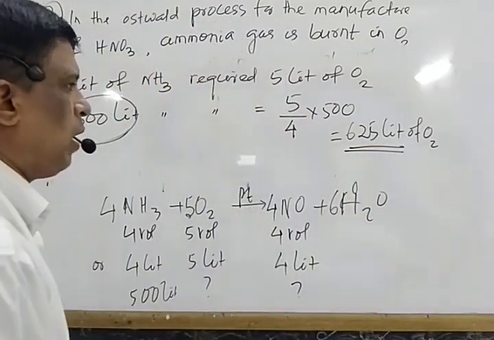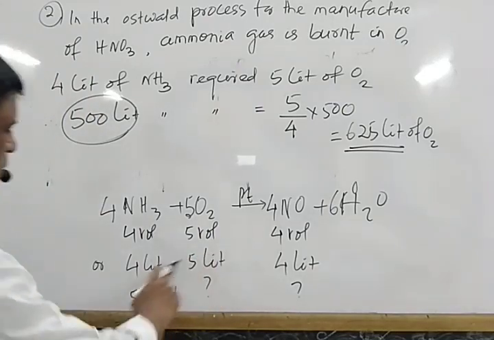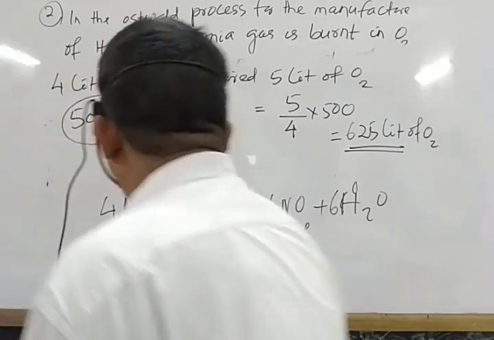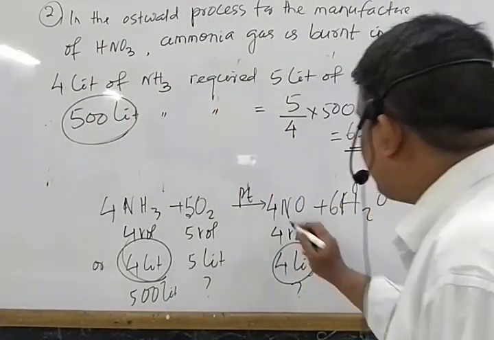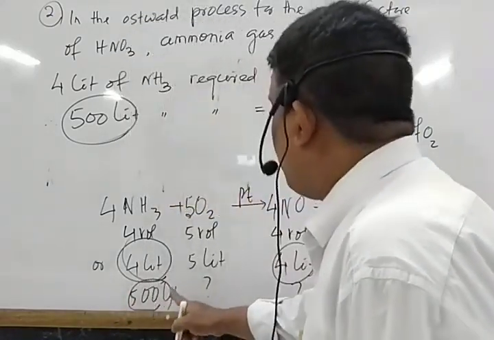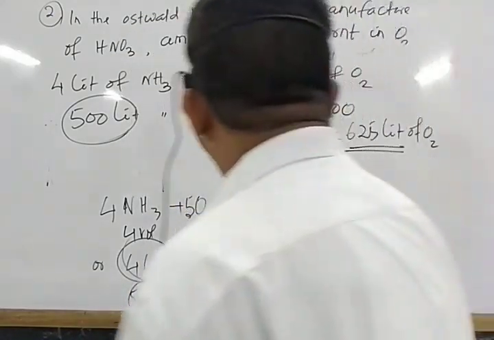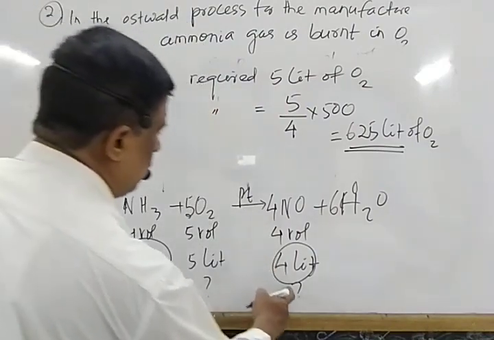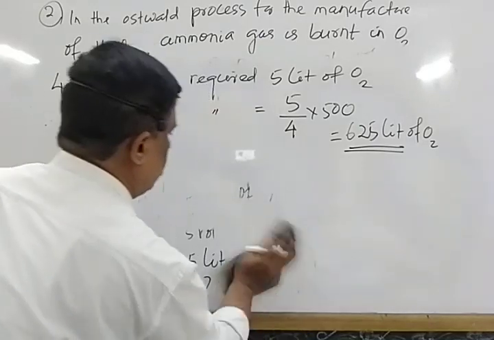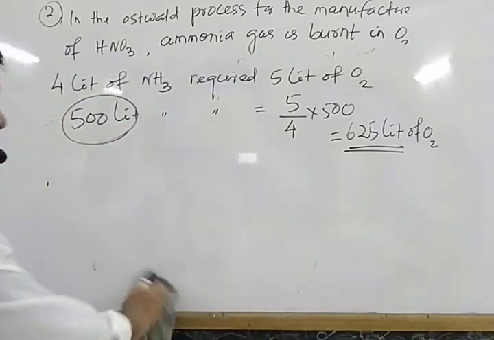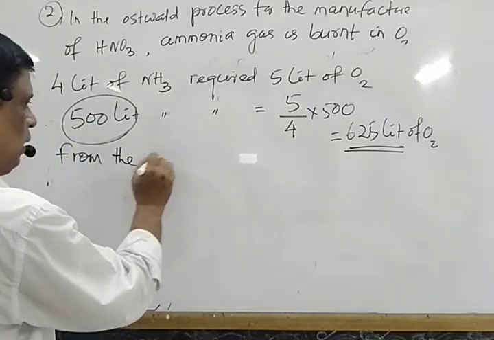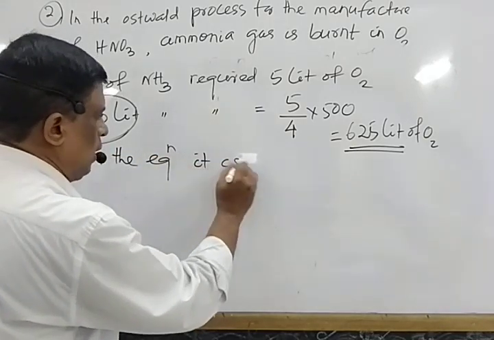Again, from this equation it is clear that on combustion of 4 liter of ammonia, 4 liter of nitric oxide is formed. Mark that.